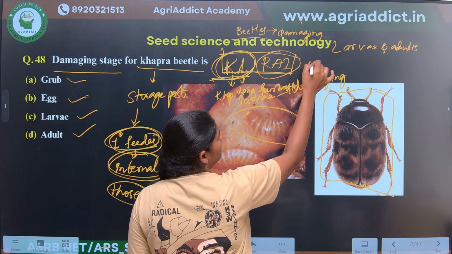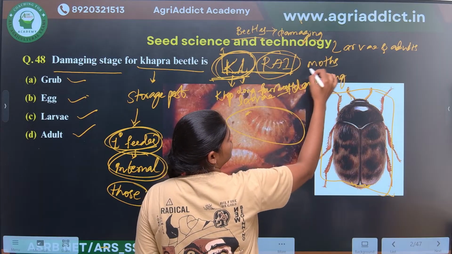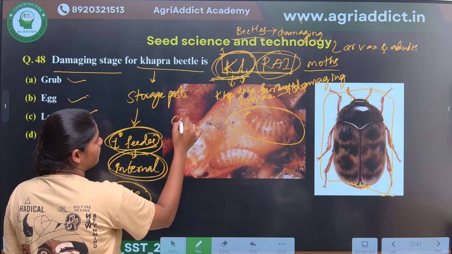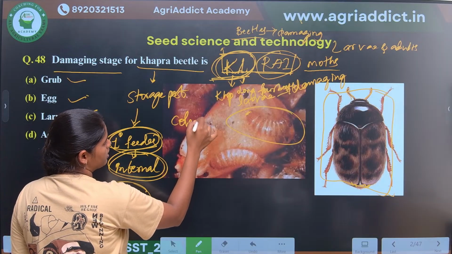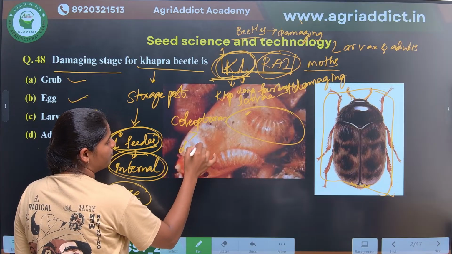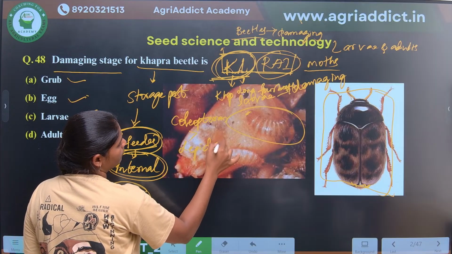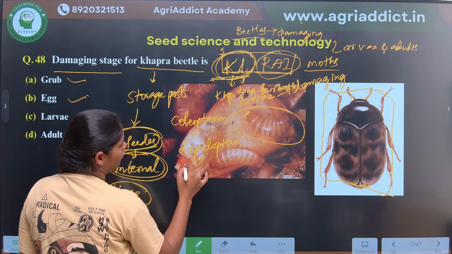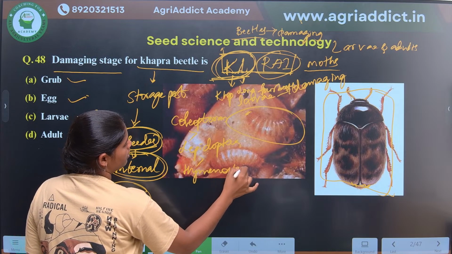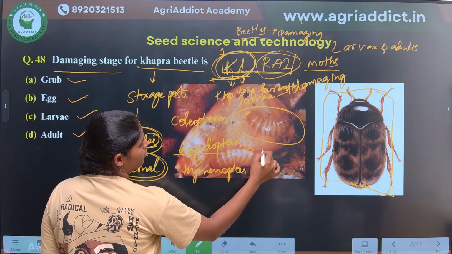And if you come to moths, since you know the storage pests, if you come to the composition or proportion of causing, Coleopterans are in major, followed by Lepidoptera, followed by Hymenoptera. So in Lepidopterans, we will see the moths.